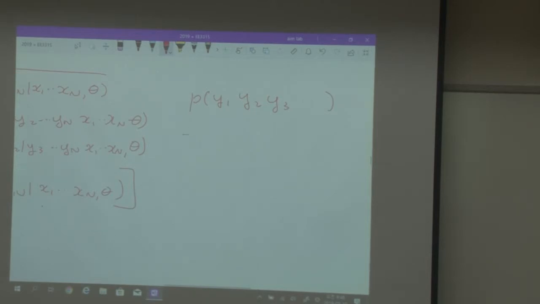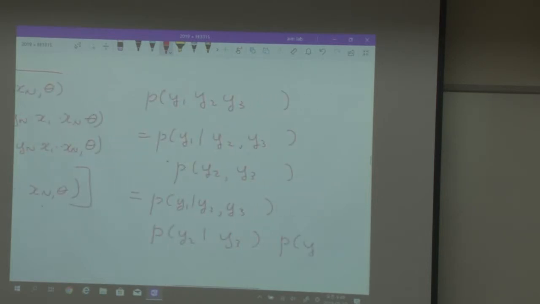It is equal to probability y1 given y2, y3, multiplied by probability of y2, y3.